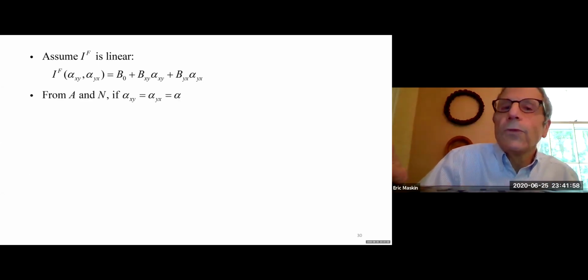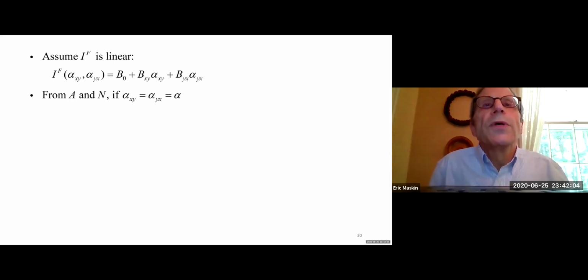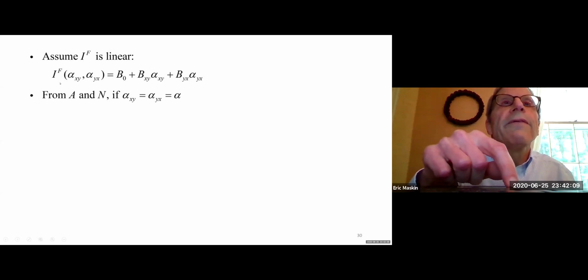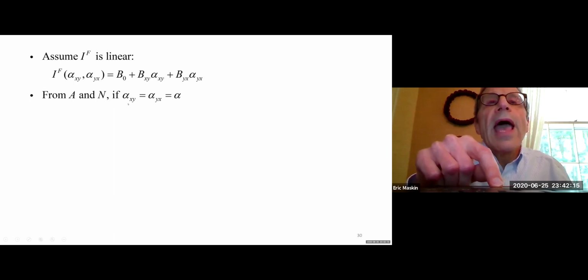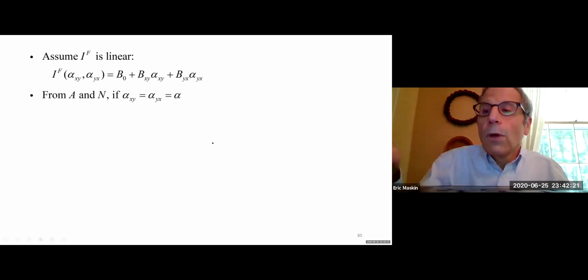Now, one case where we can clearly make inferences about the form of the social indifference curve is where alpha xy equals alpha yx.